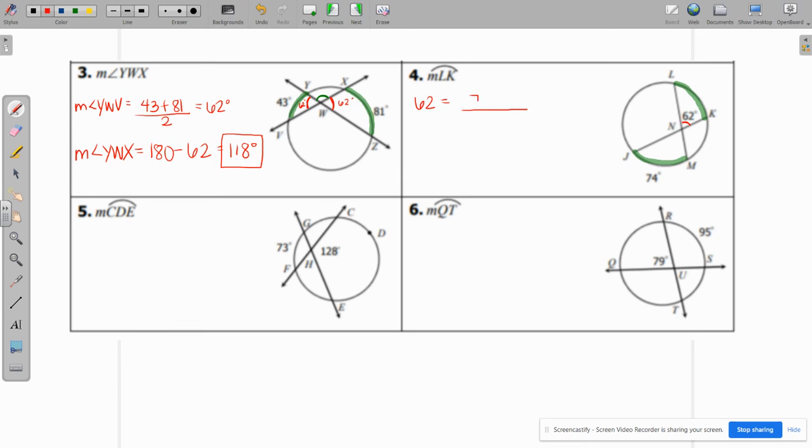So the angle, 62 degrees, is equal to half of the sum of these two arcs. One of them is 74, and the other one we're looking for, so maybe I'll call that x. So 74 plus x divided by 2 should equal 62.